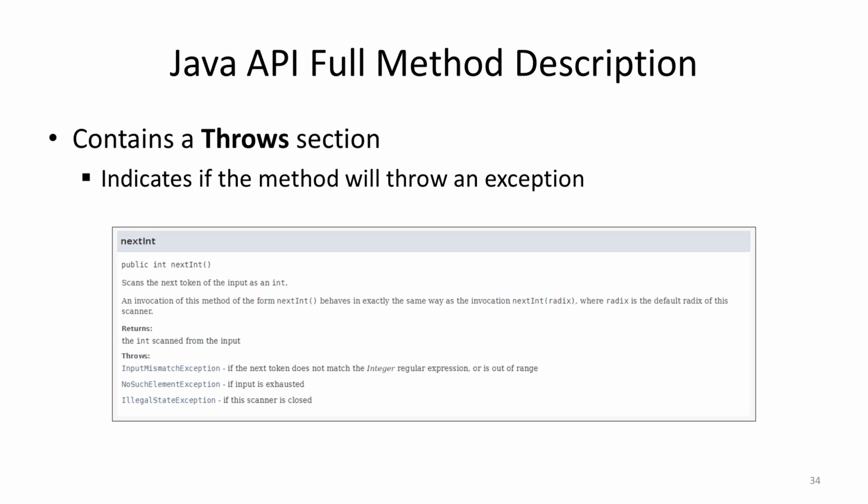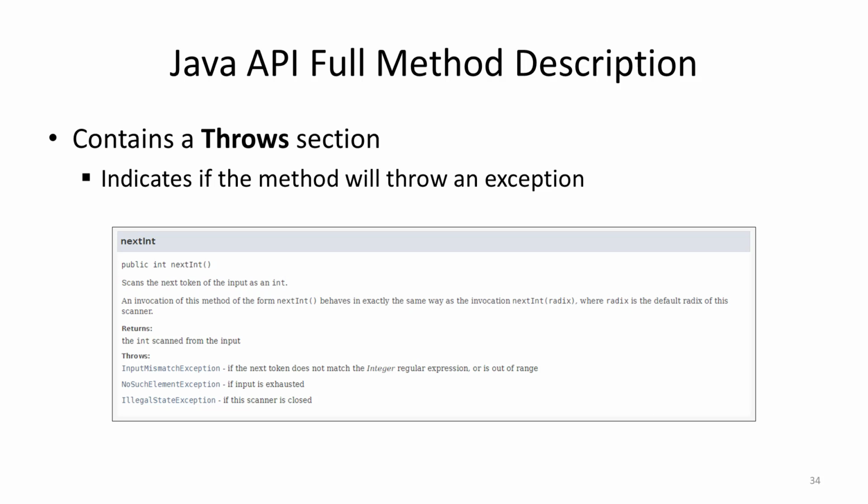Well, if you're using a method of a Java class that you can look up in the Java API, when you look at the full description of a method, there is a throws section. So on this slide, I'm showing you the full description of the nextInt method in the Scanner class.